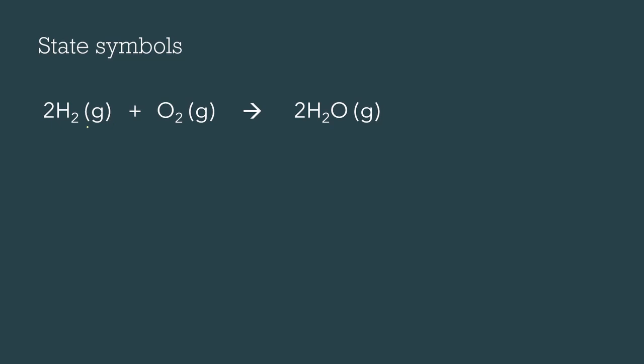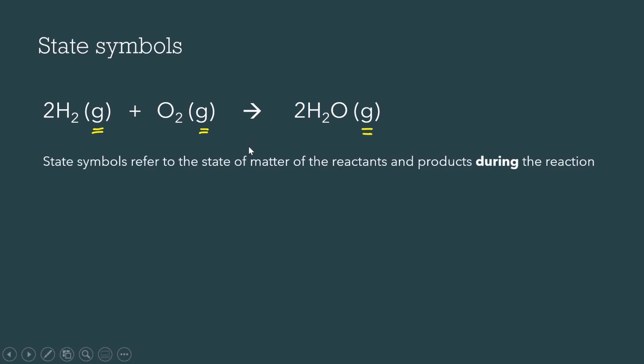In this example, hydrogen reacts as gases, oxygen reacts as gases, and the water that is produced is also produced as gases. So, what are the rules in writing state symbols? Now, state symbols usually refer to the state of matter of the reactants and the products during the chemical reaction. In this example, this is a highly exothermic combustion reaction, so the water that is produced will come out as steam rather than liquid water.